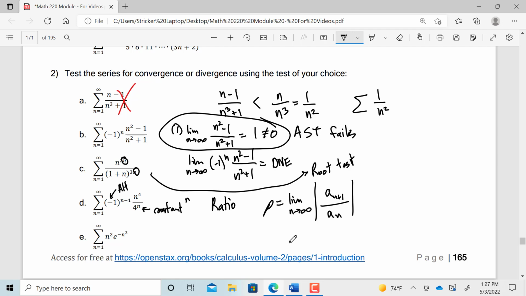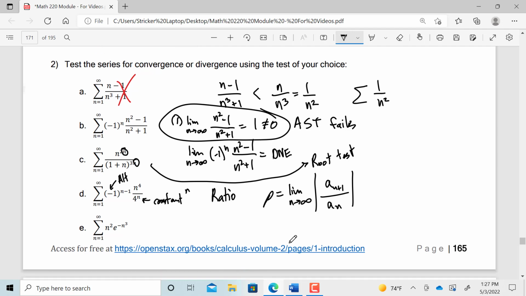So the absolute value gets rid of any negative 1 to a power. It kind of deals with that alternating part. So you could use the ratio test. You could use the AST possibly, as long as the terms are decreasing. I don't know. To me, that's just too much work for the AST, because to find the limit, we'd have to take L'Hopital's rule like 4 times. And so to me, I see right off the bat, 4 to the n power, let's use ratio.